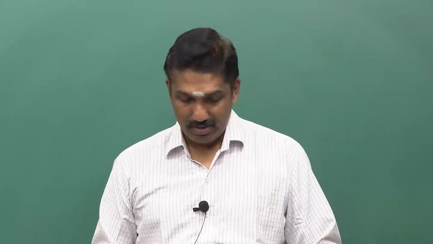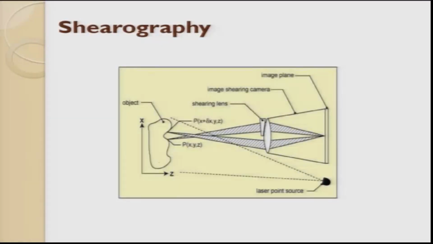So, this is the object, this is the image plane, here is the shear lens, and here is a laser. The laser hits the workpiece, which has a complex surface. The object is complex, and inside this object you also have complex phenomena happening.